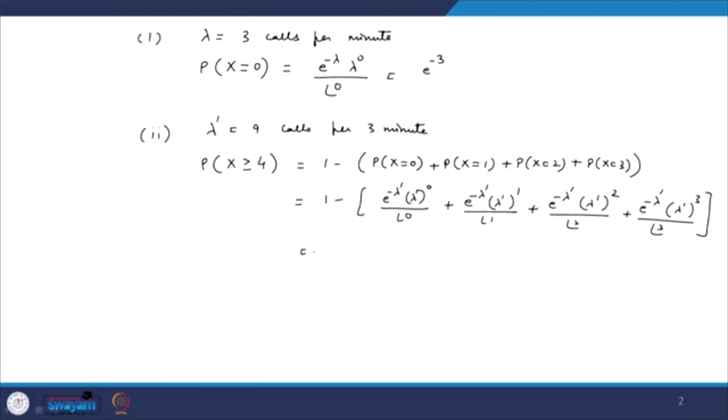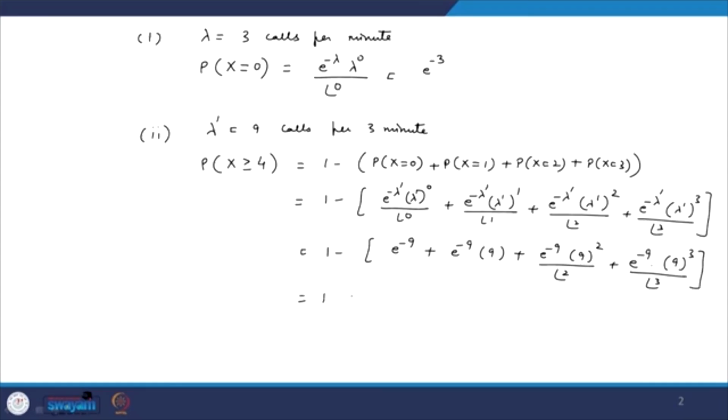So, this is equal to 1 minus, e raised to power minus 9 plus e raised to power minus 9 into 9, plus e raised to power minus 9 into 9 square upon factorial 2, plus e raised to power minus 9 into 9 whole cube upon factorial 3.